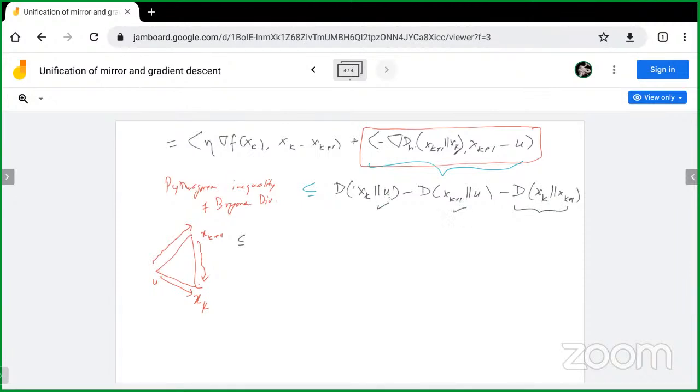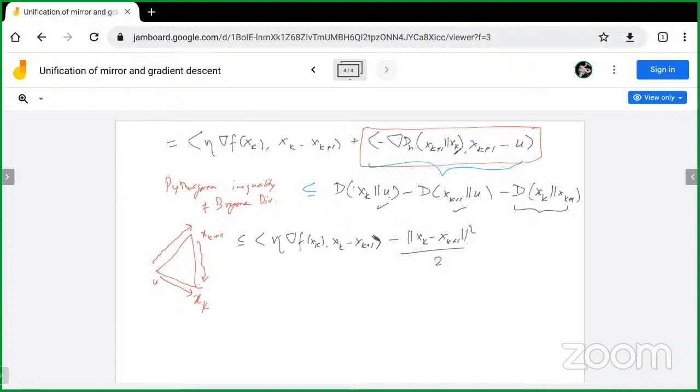We have these two terms which I will cancel in the final argument, so I will keep these. By strong convexity I get minus xk plus 1 squared by 2.